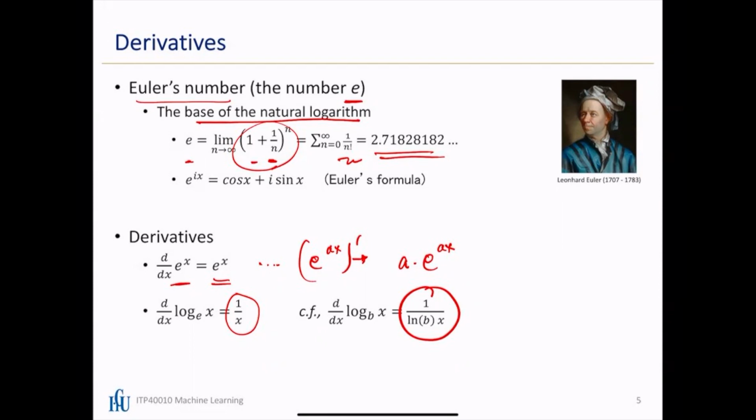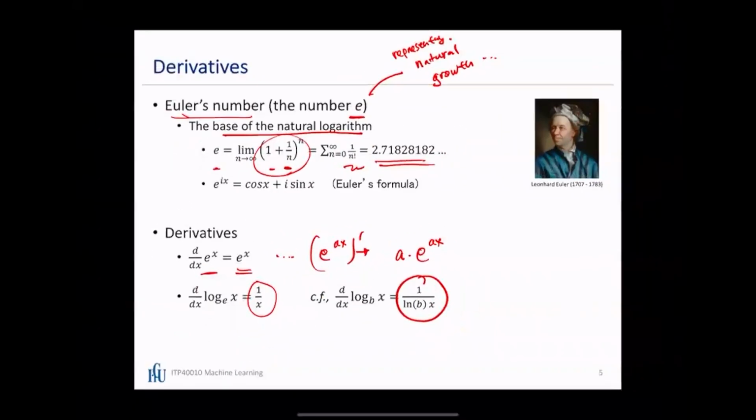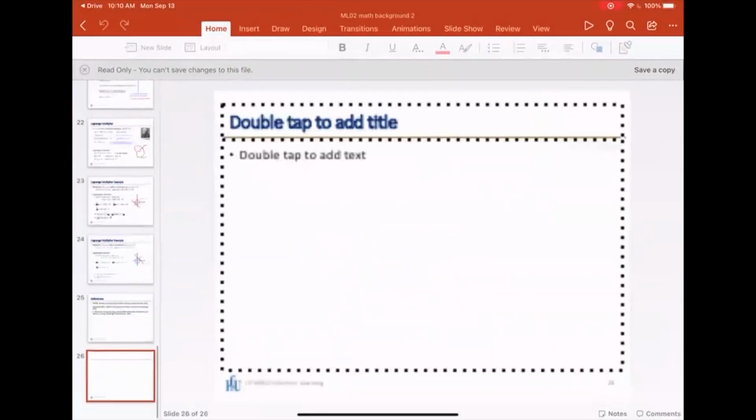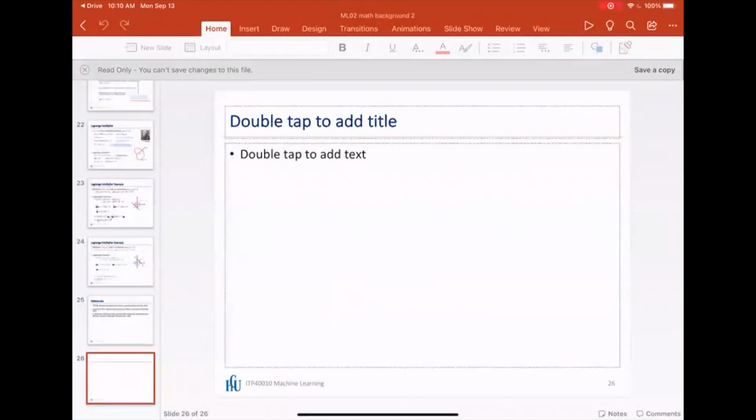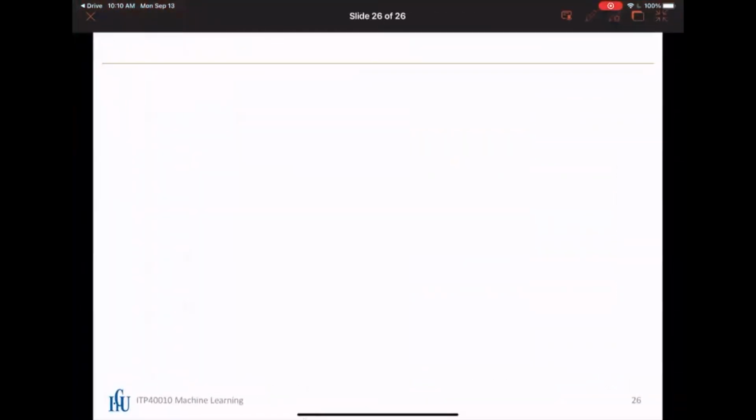One thing I would like to note about Euler's number: it is actually a special number representing natural growth. So what does it mean? Imagine you have a benevolent bank.